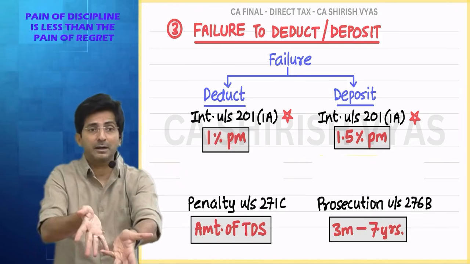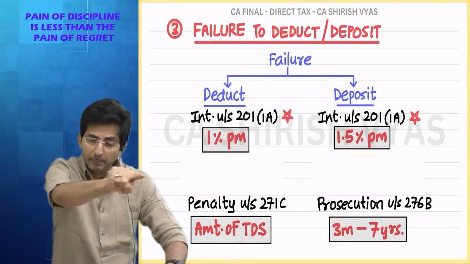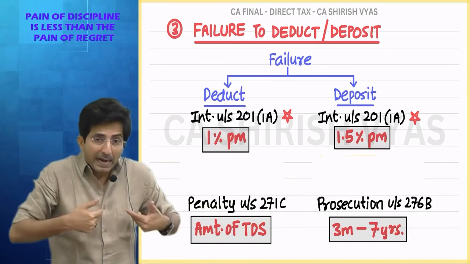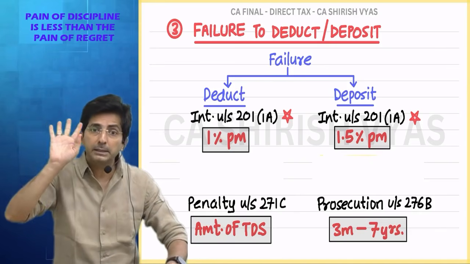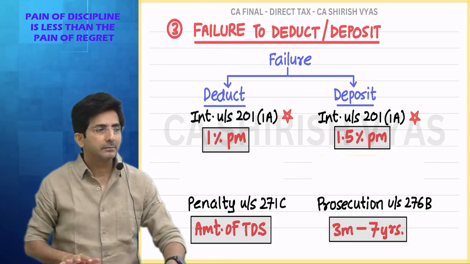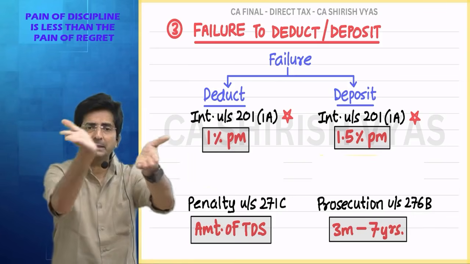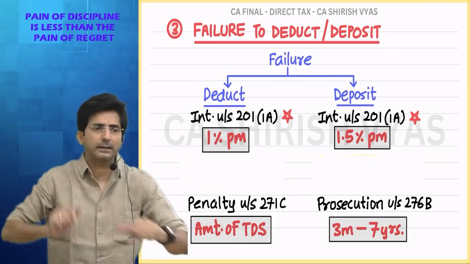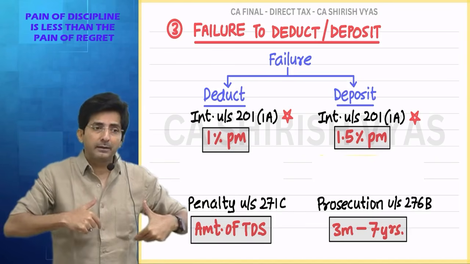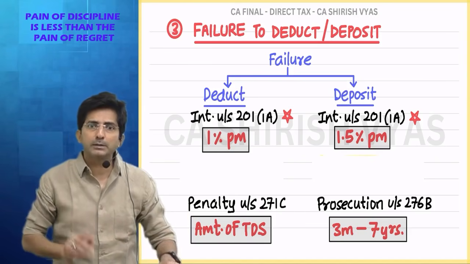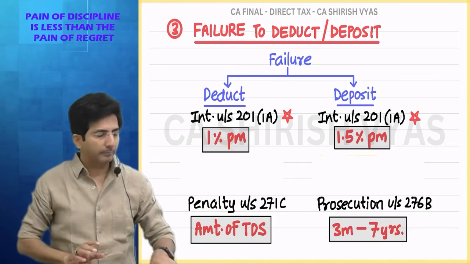If TDS is not cut, he has to pay from his pocket. So 30 rupees tax will be paid by the winner. And the 30 I am paying is penalty. In short, government is getting 60 rupees. How? The winner has to pay the basic tax of 30. And for my mistake, I have to pay penalty of 30. So government has eventually got 60 rupees. 30 tax, 30 penalty. Okay.